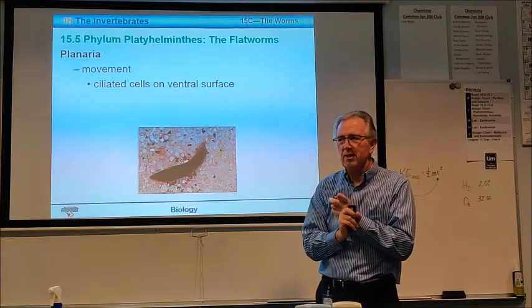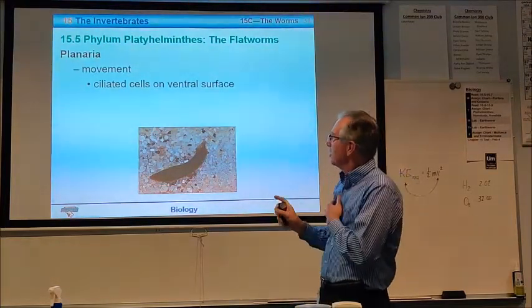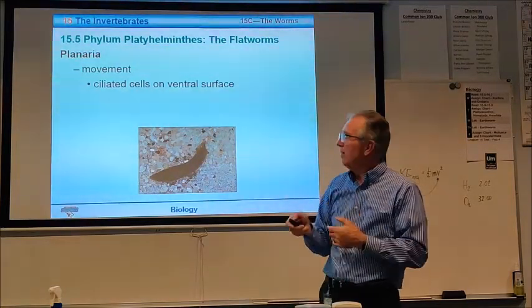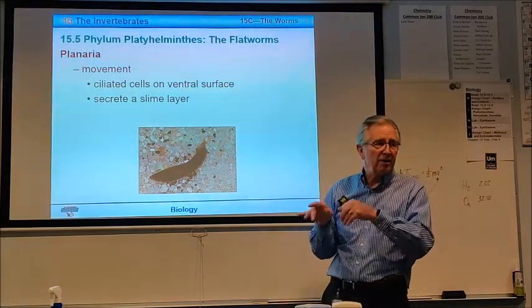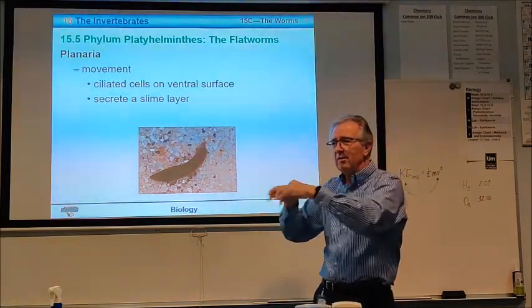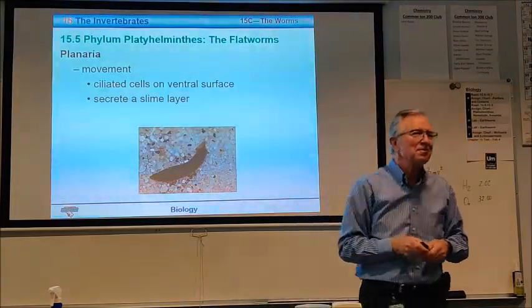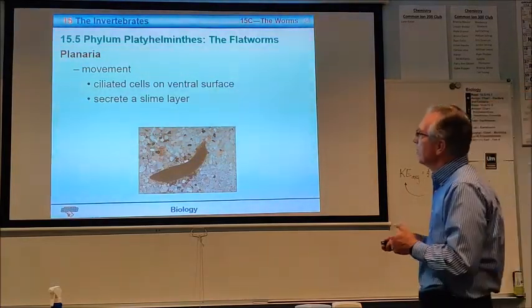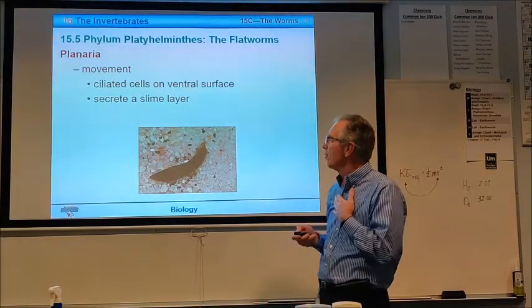It's just stuck inside your digestive system, or the digestive system of an animal. But the planaria is capable of moving around. What it does is it secretes a slimy layer and then uses its cilia to paddle through it. Yes, cilia for movement for the planaria. This is just the planaria, not the tapeworm.